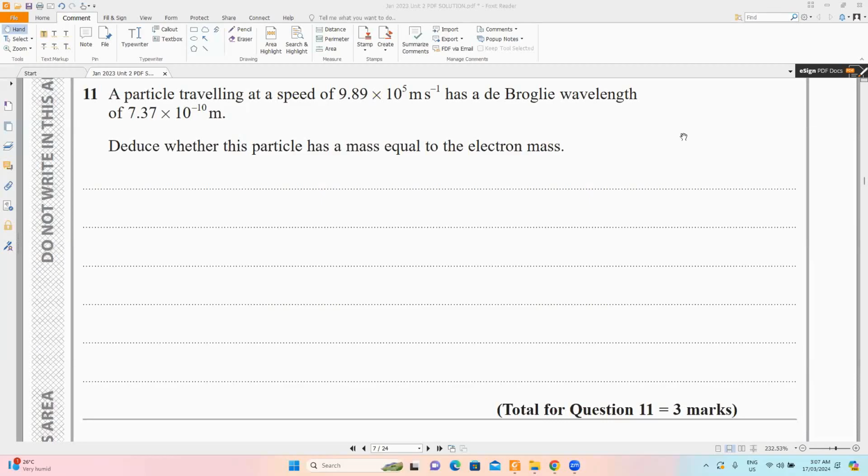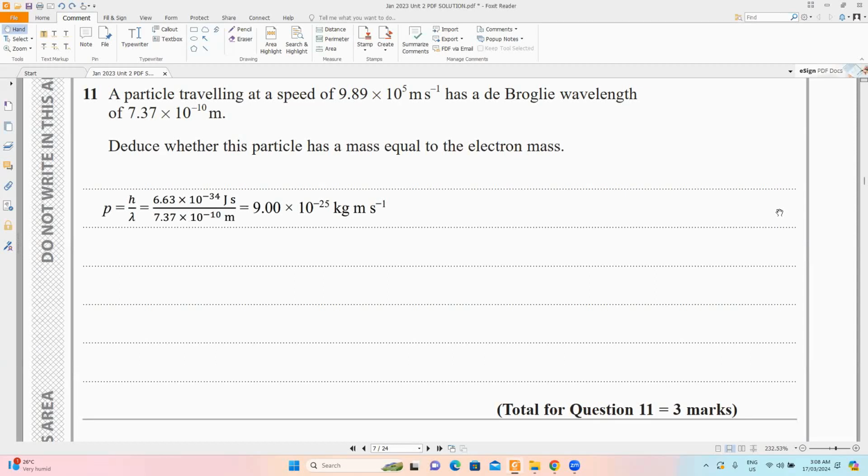Question 11 says, a particle traveling at a speed of 9.89 times 10 to the power 5 meter per second has a de Broglie wavelength of 7.37 times 10 to the power minus 10 meter. Deduce whether this particle has a mass equal to the electron mass. The moment you come across de Broglie wavelength, the equation that should come up in your head is lambda equals h by p. So if lambda equals h by p, p should be equal to h by lambda.